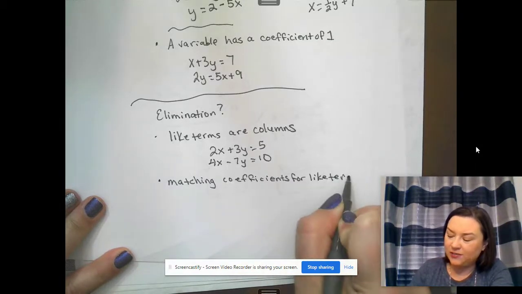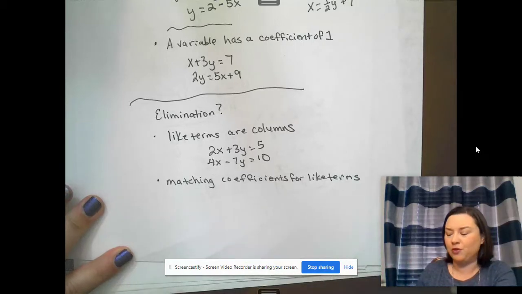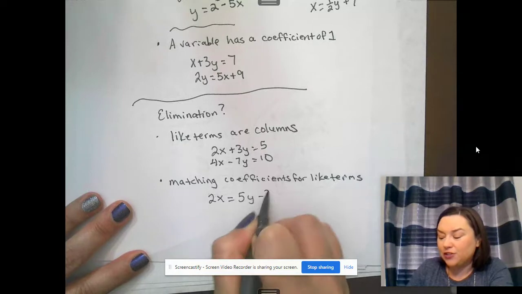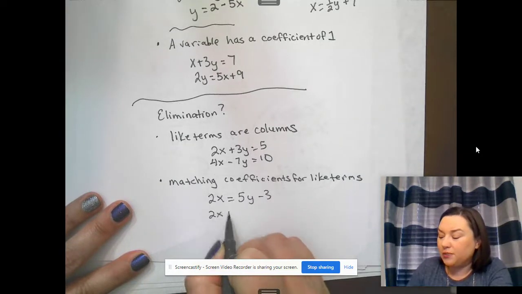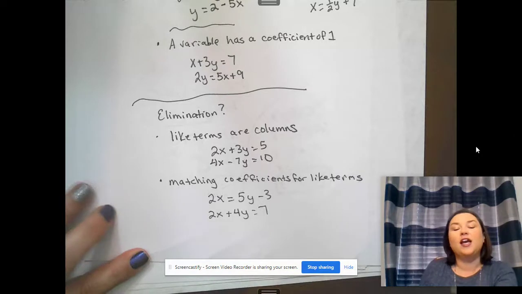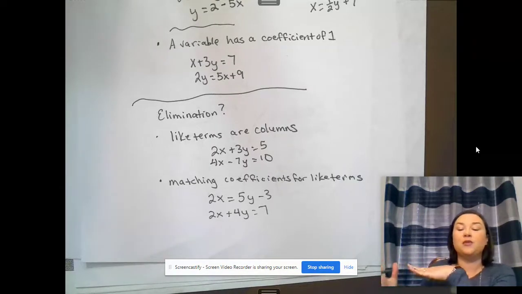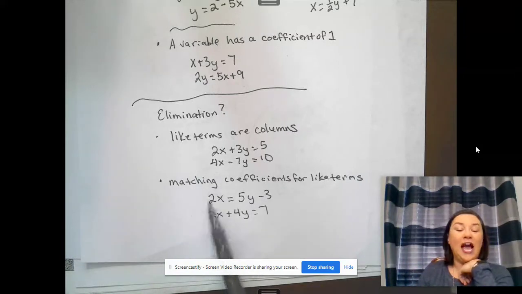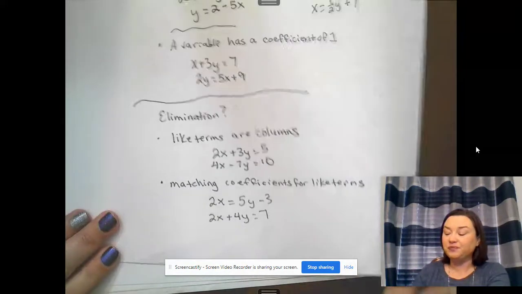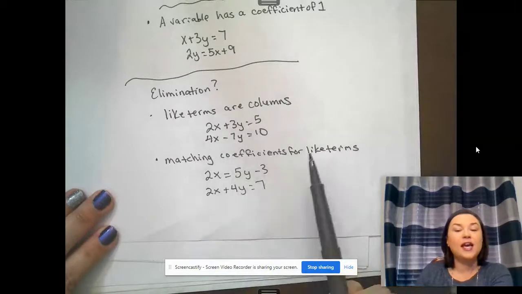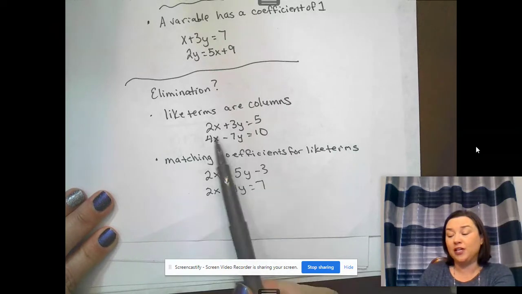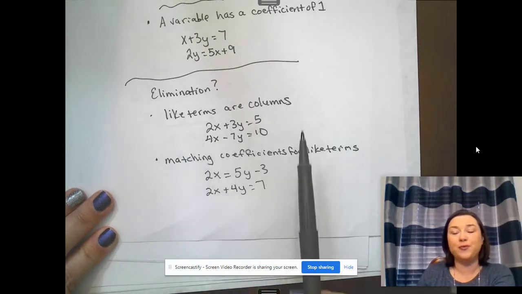So for instance, if I had 2x equals 5y minus 3 and 2x plus 4y equals 7, no, they're not in columns, but it wouldn't be very difficult to subtract 5y from both sides and get them in columns, and I already have this matching coefficient. So if they're all in columns, or if there's a match, elimination is very quick to use. If they're in columns and there's not a match, like up here, it's very quick to multiply through.